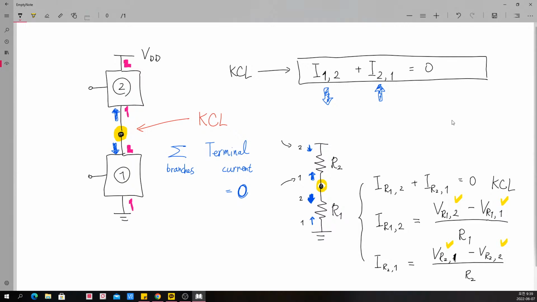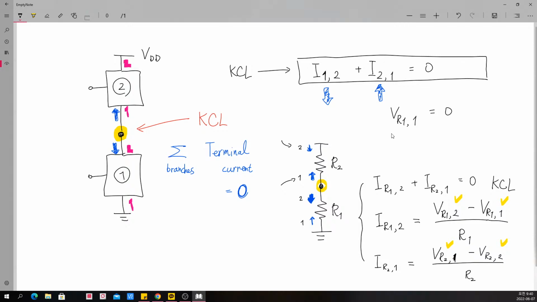So let's just try to do that. For example, the lowest one would of course be R1's first terminal, and you know that in this case this guy is directly connected to the ground, so its value should be 0.